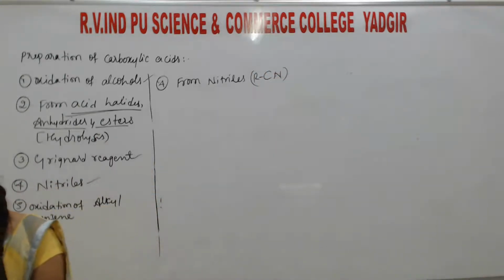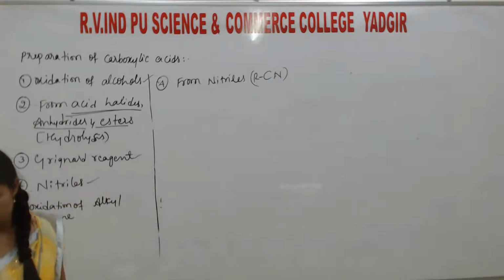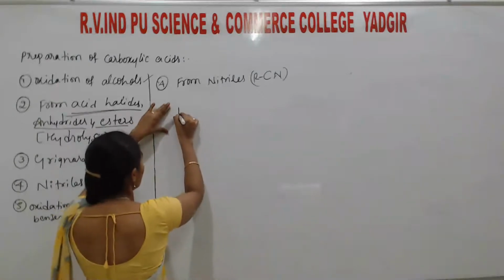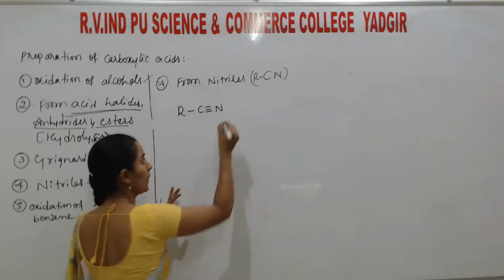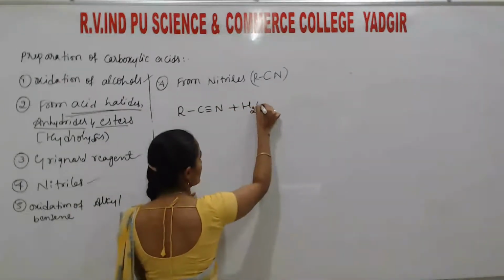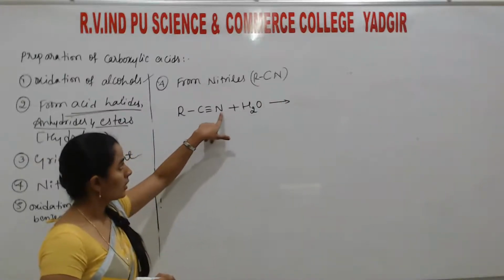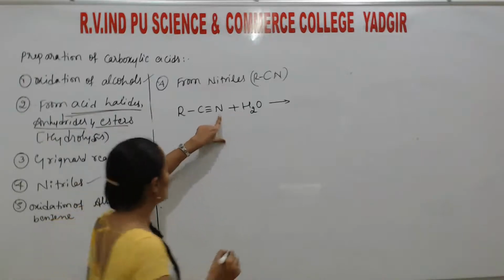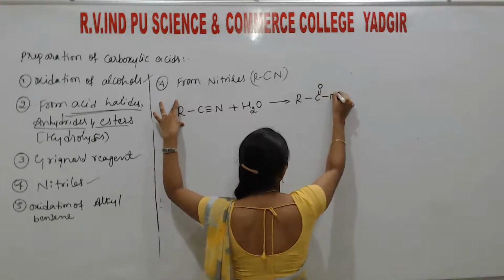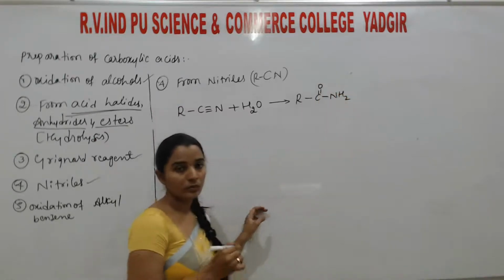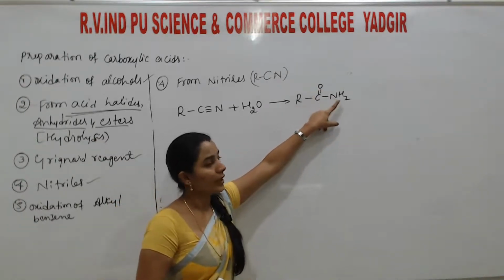Okay. Same students, listen. Initially, these RC triple bond N compounds undergo hydrolysis. Listen, here what happens? This H2 goes here. Means R is there, double bond O, single bond NH2. This is how the reaction takes place. C double bond O and NH2.